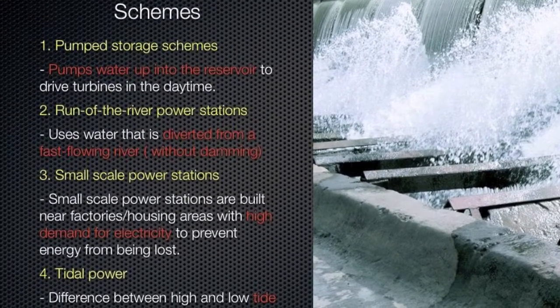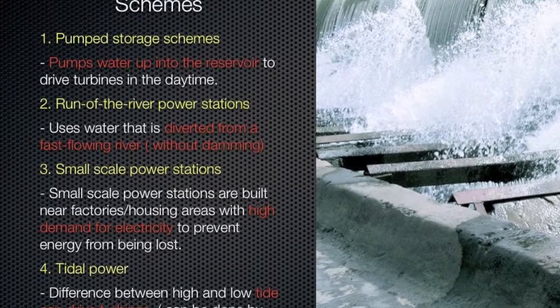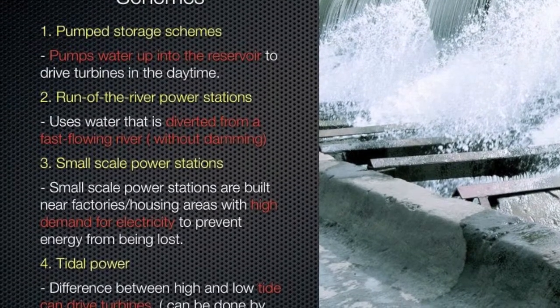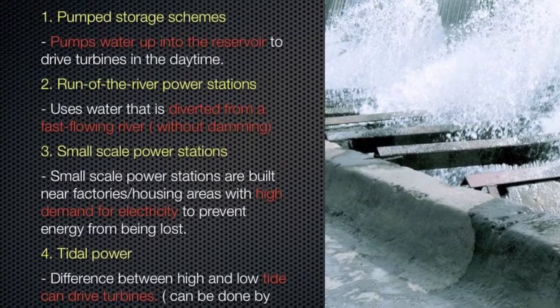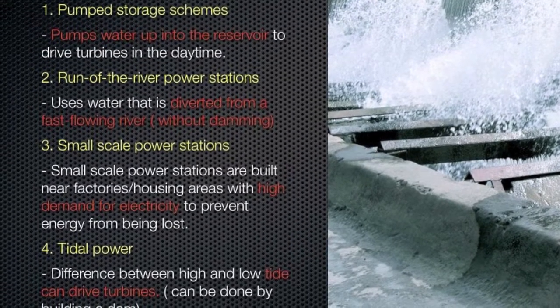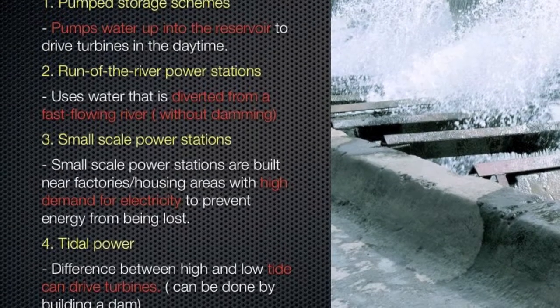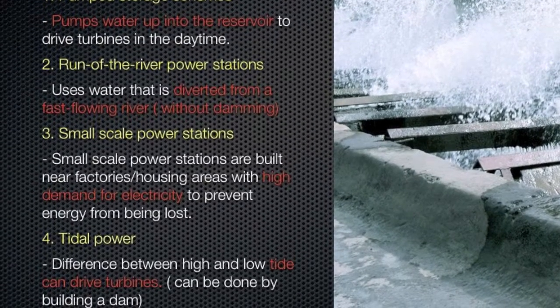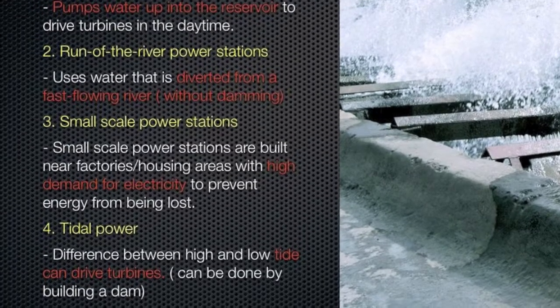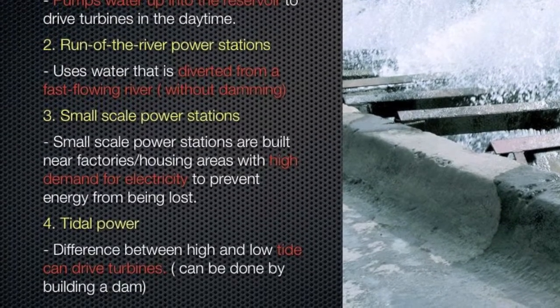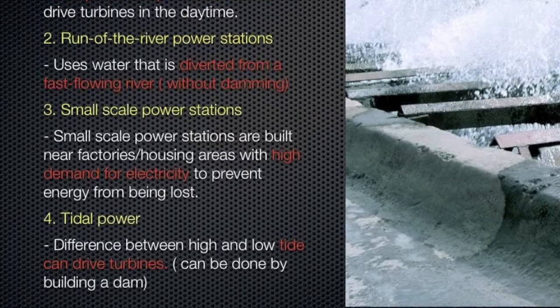This is an advantage because no damming is required to get the water to a certain height to drive the turbines. There is also the small-scale power stations that generate hydroelectricity for nearby housing or factory areas that require a large amount of electricity, and finally, tidal power, which drives turbines using the difference between high tide and low tide.